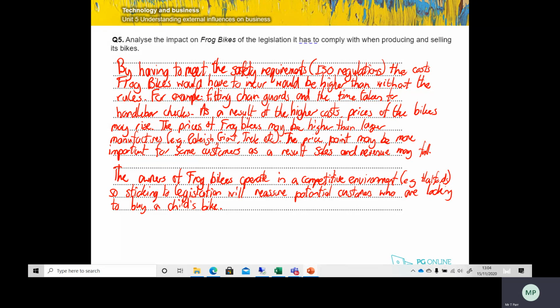So sticking to legislation will reassure potential customers who are looking to buy a child's bike.